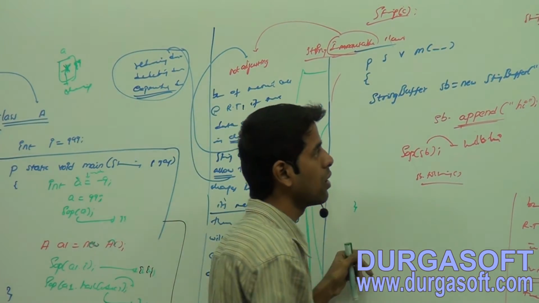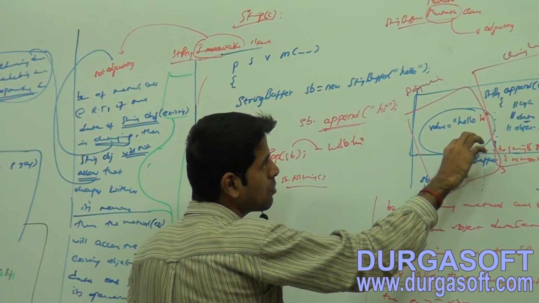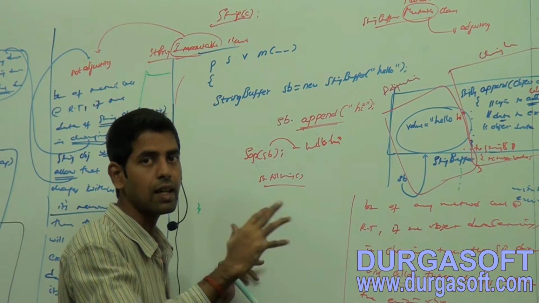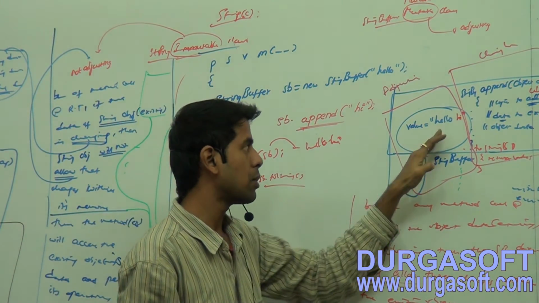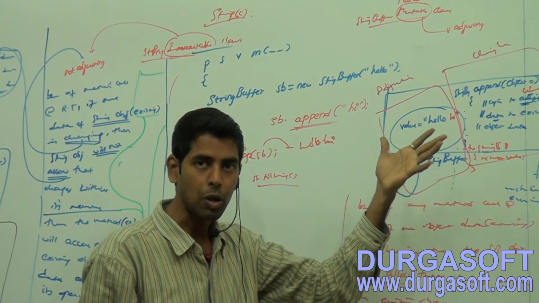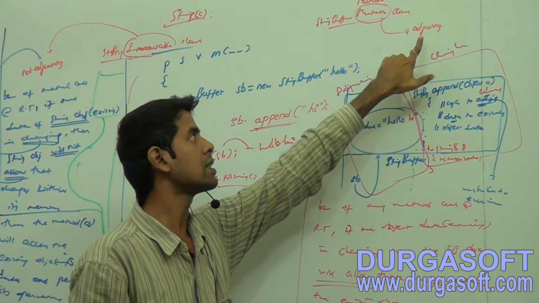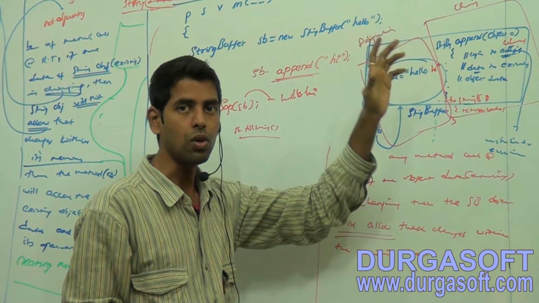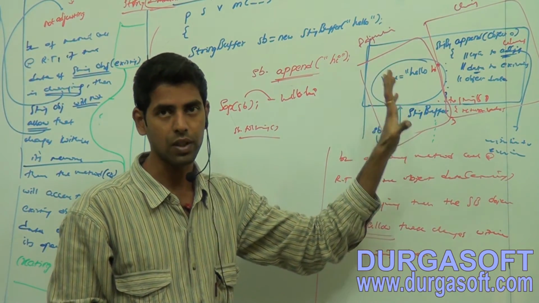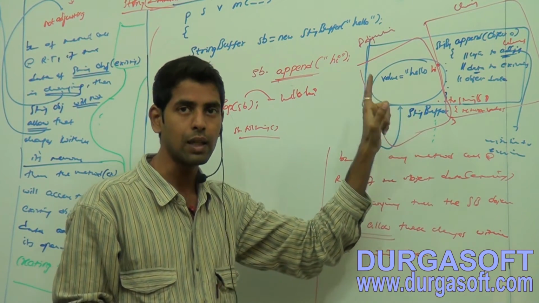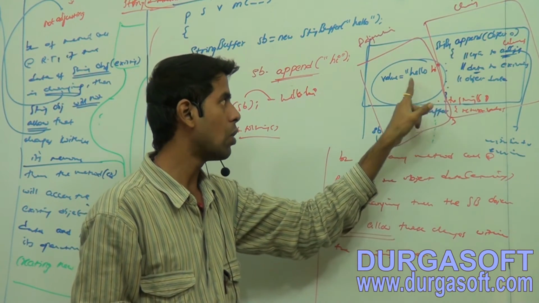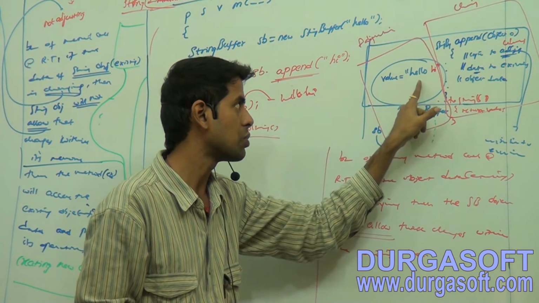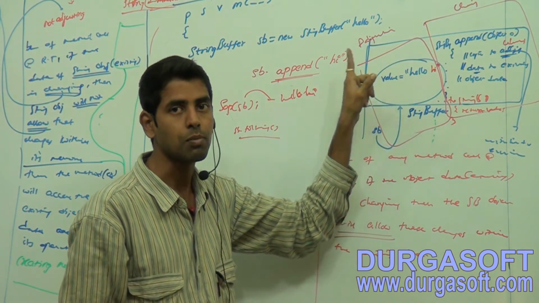The StringBuffer is saying, no issues, you can change the data within my memory itself. I am an adjusting person, that is a mutable person, so no issues, you can change this.